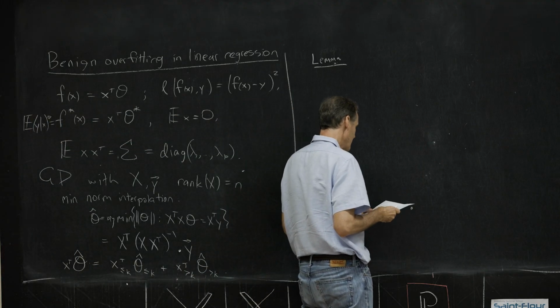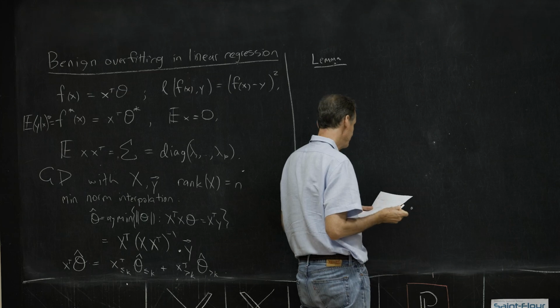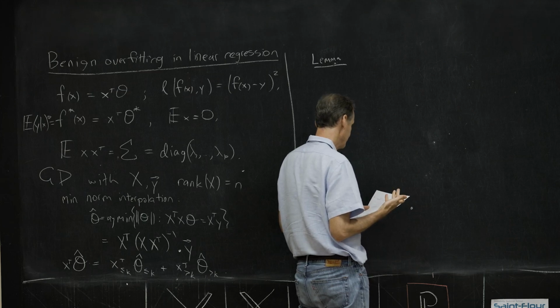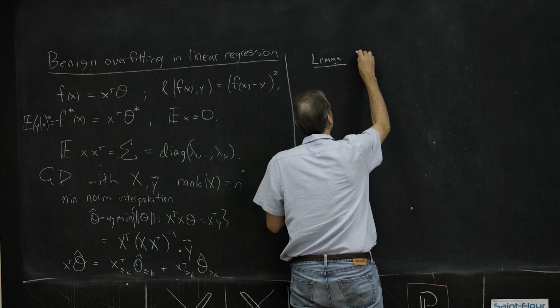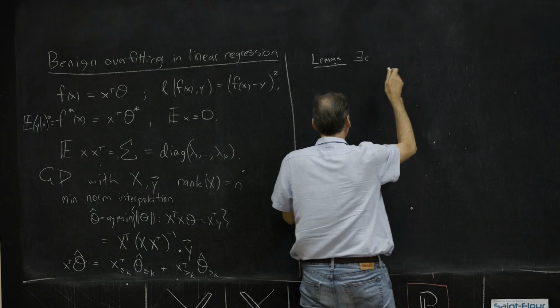When do we get a well-conditioned matrix of those inner products in the tail? So we saw this result at the end last time.